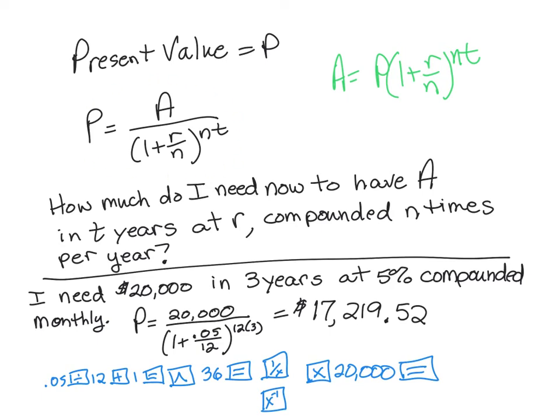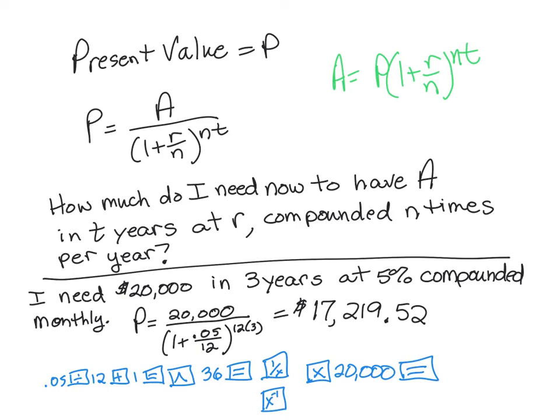So if I know how much I want, and I know how many years, and I know my rate, and we're going to assume for the most part 12 compounding periods or monthly, this will tell me how much I need now, okay, the present value. And this is also something that is useful in the insurance business and things like that.